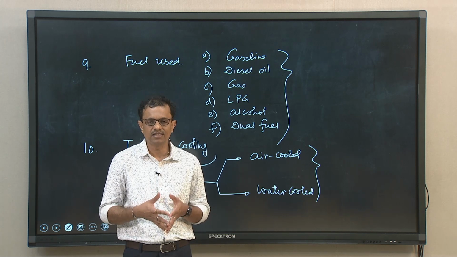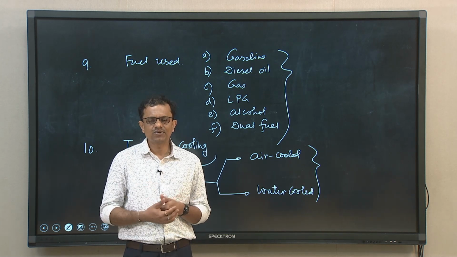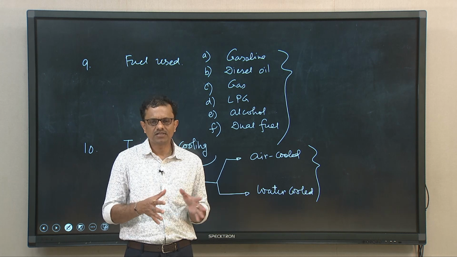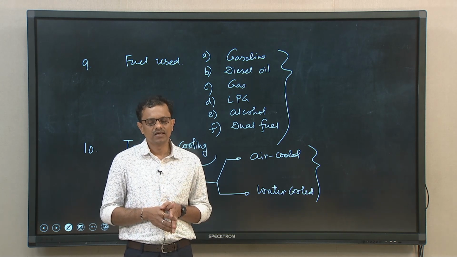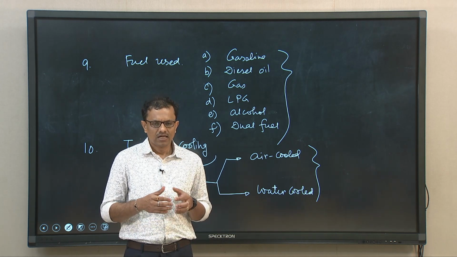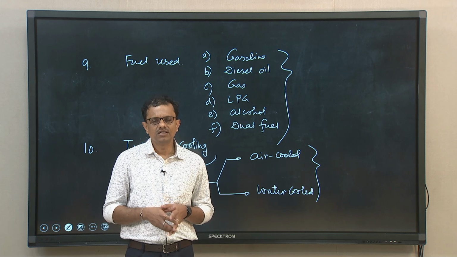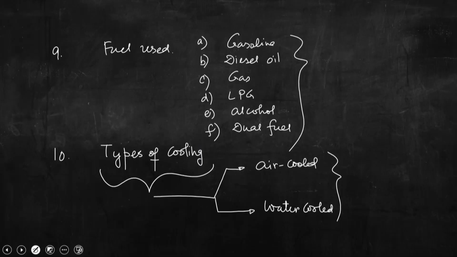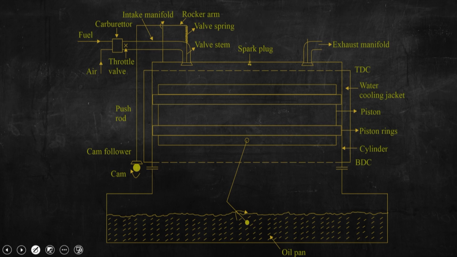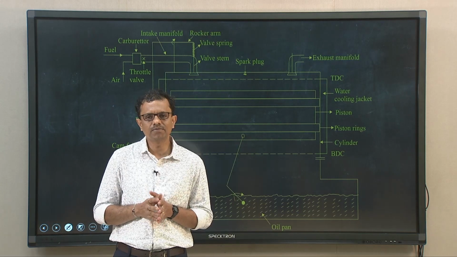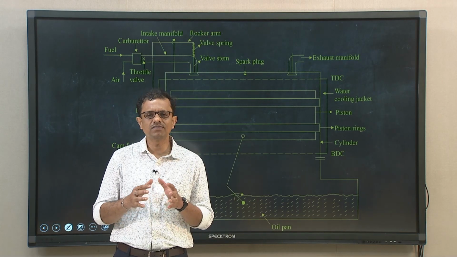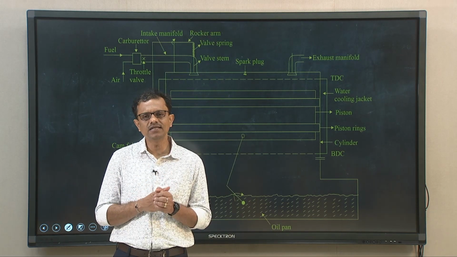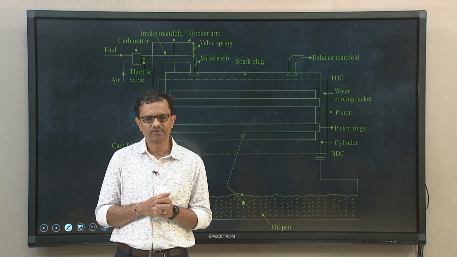Just to recapitulate, we have discussed all these types today, and now we shall discuss the engine nomenclature. Engine nomenclature, just to know about several components, several parts which are responsible to operate an engine efficiently and smoothly.